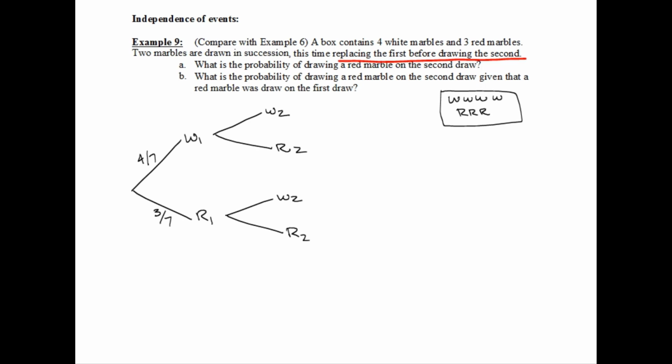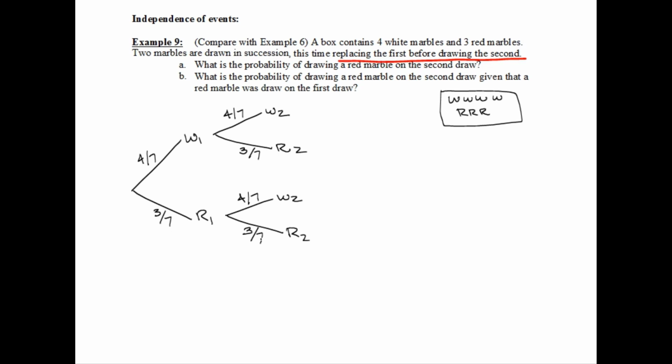So nothing changed. So what's our probability of getting a white? 4 sevenths, red, 3 sevenths. Same thing if we drew a red the first time. We're going to put it right back in, so the composition of our box will remain exactly as it was before. So we get 4 sevenths for the white and 3 sevenths for the red.